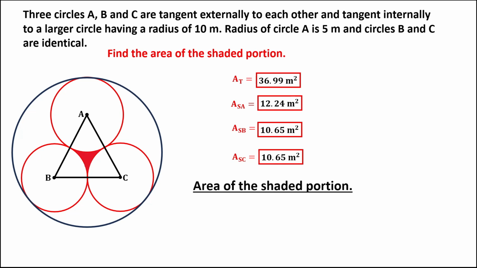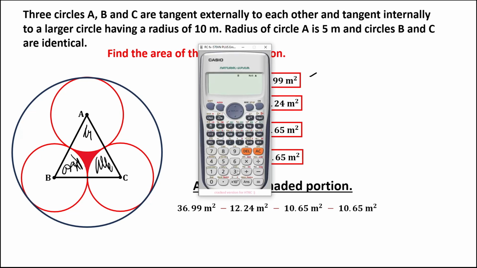From the area of the triangle, that's 36.99, minus the area of sector A, minus the area of sector B, minus the area of sector C. So we have 36.99 minus 12.24 minus 10.65 minus 10.65, equals.